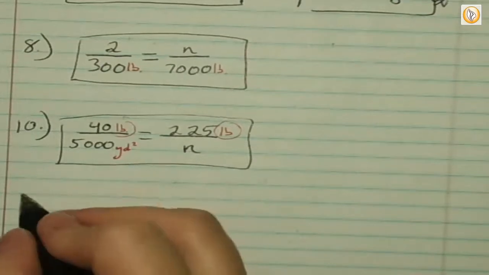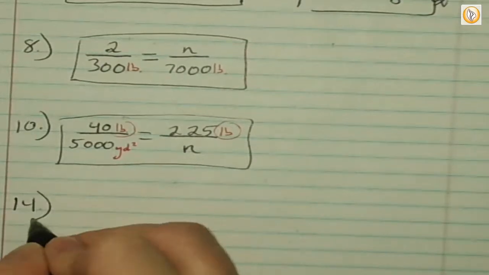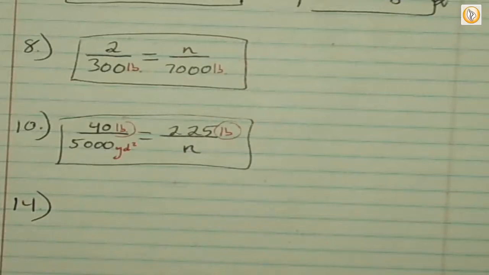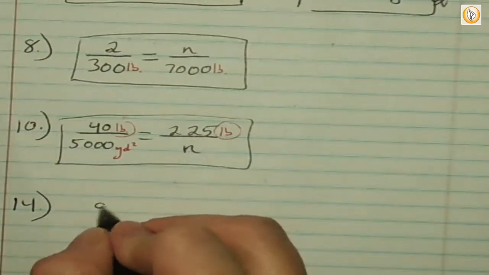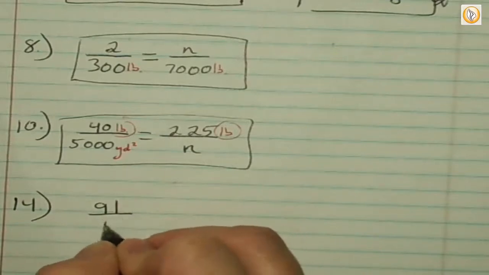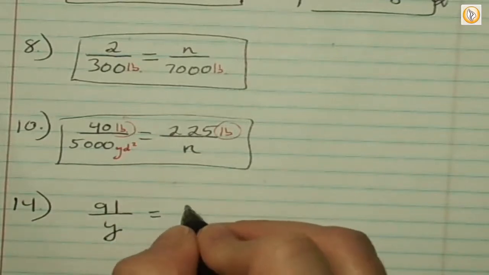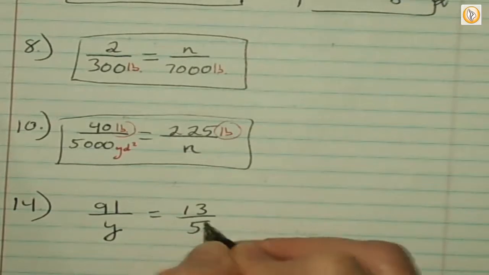All right, let's look at 14. Solving by using the property of proportions. All right. So Joanne, I have 91 over y equals 13 over 5.